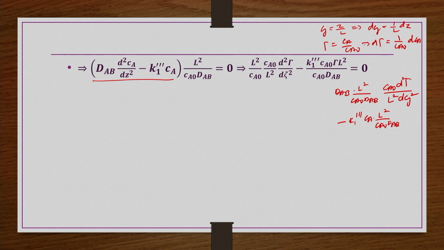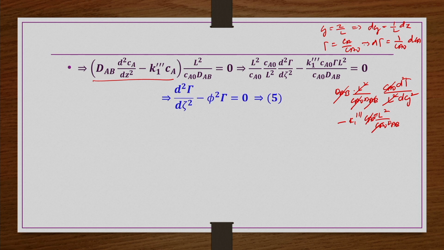So, then what we have? This Ca, what we can write? In place of Ca we can write Ca naught multiplied by capital gamma. So, this Ca naught is cancelled out, okay. So, gamma L square by dAB is here. Now, here this dAB is cancelled out, this Ca naught cancelled out, L square cancelled out. So, then what we have?